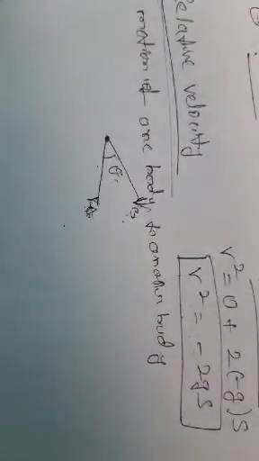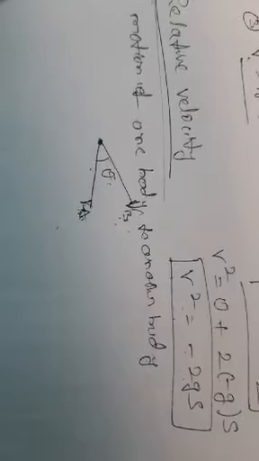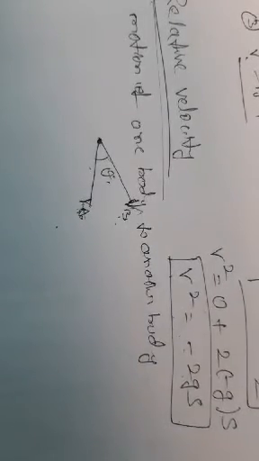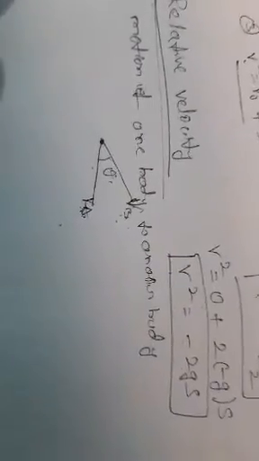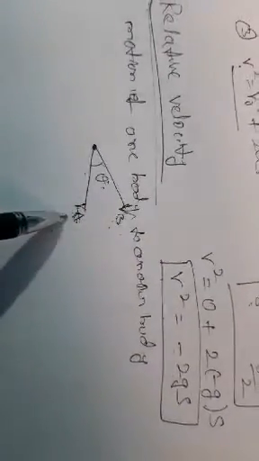The relative velocity is the concept of the motion of one body with respect to another body. What is the equation? Let A and B be the two particles.